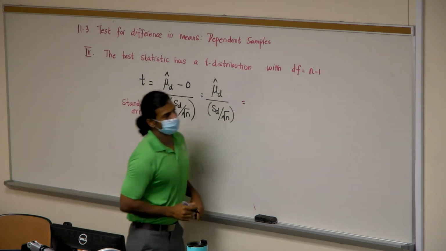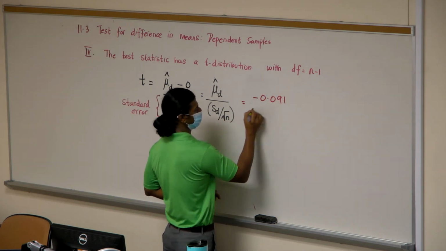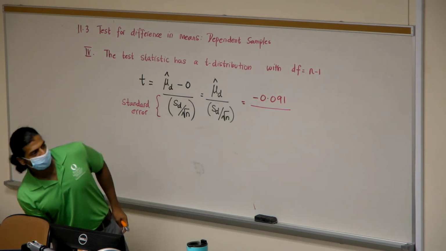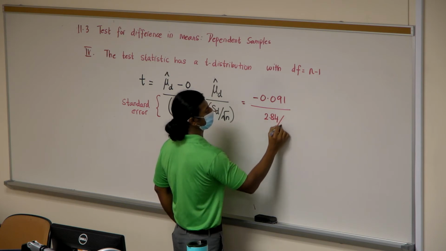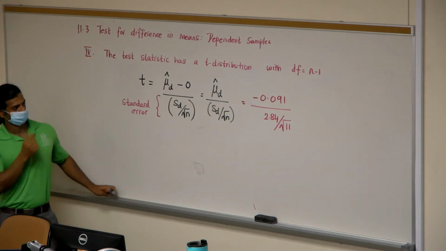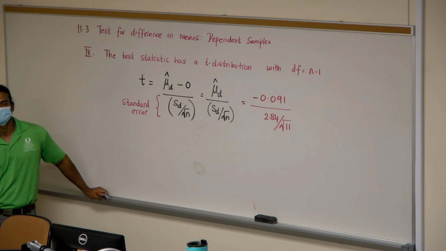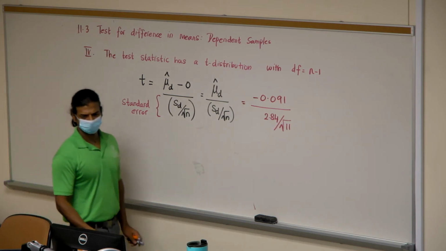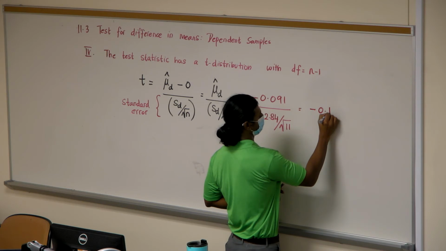So we know the difference, which is negative 0.091 divided by 2.84 over square root of 11. And what do we get? So that would be negative 0.11.